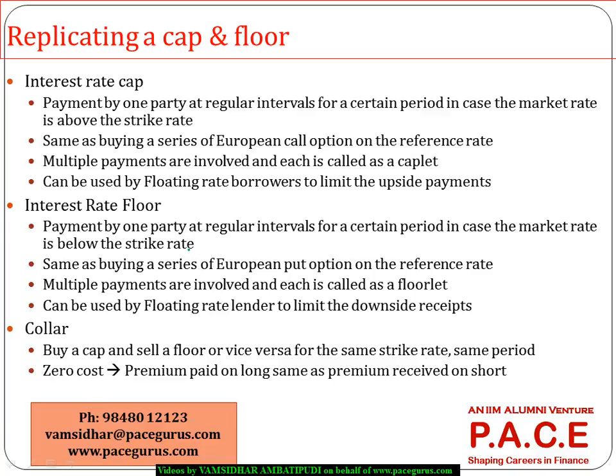So either you buy a cap and sell a floor, or buy a floor and sell the cap, with the only requirement being both of them need to have the same strike rate, same maturity period and the same settlement date. All of them should be the same.